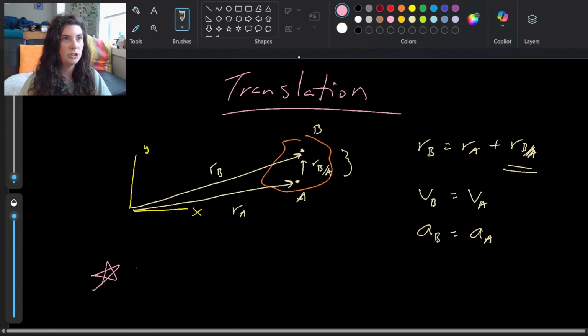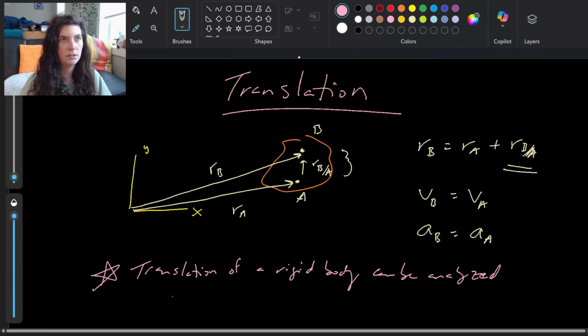So translation of a rigid body can be analyzed using the same kinematic relationships as particle motion.